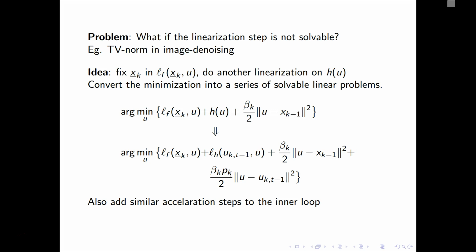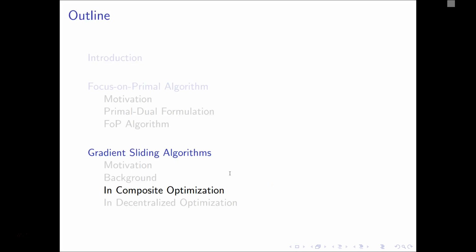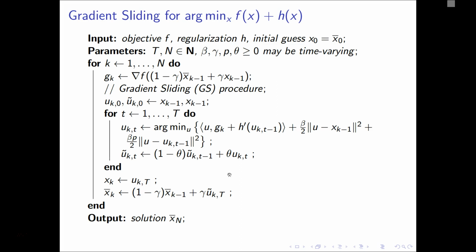We can also add a similar acceleration step into the inner loop to get a better theoretical convergence result. So let's look at the actual algorithm. It is simple. We first do the acceleration here and save our gradient of f into gk.